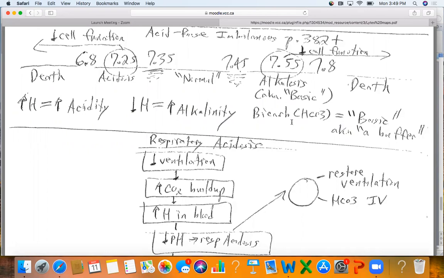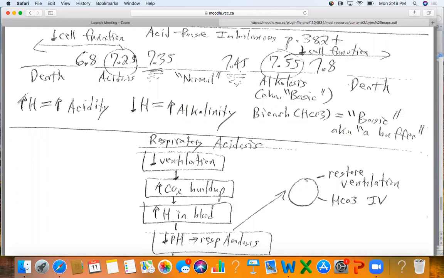Finally, we just need to know that HCO3 is bicarbonate, and bicarbonate by its nature is basic. In other words, it's an alkalotic product, let's just say. It acts as a buffer. What does a buffer mean? It means that if the body, a perfectly functioning body, suddenly becomes acidotic for some reason, assuming the kidneys are working, they will produce bicarb, which is basic, and will take the body back to a more basic or normal environment.